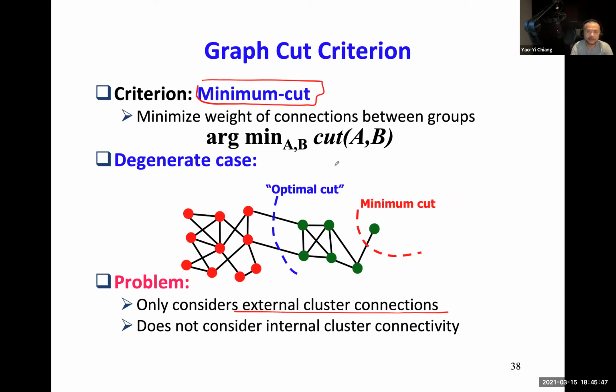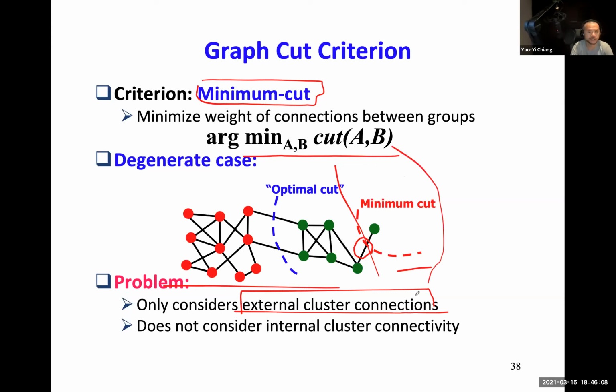What does it mean? Well, if we cut here, community 1, community 2, and this edge is our external cluster connection. Your minimum cut algorithm only cares about minimizing this cut. So it only cares about these external connections. It does not consider internal cluster connectivities, so it will not give us the optimal solution like this.